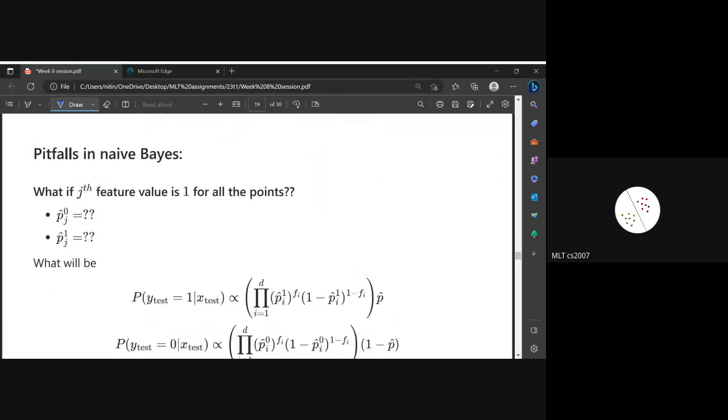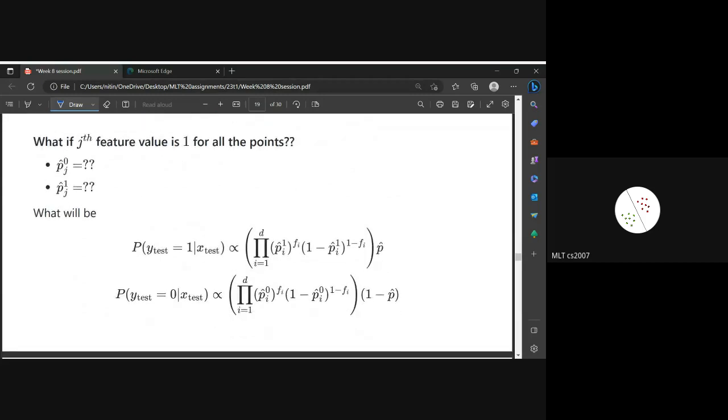So yeah, there's one pitfall in Naive Bayes which says that, okay, give me 1 minute. Okay, so let's say the jth feature's value for all the data points is always 1.